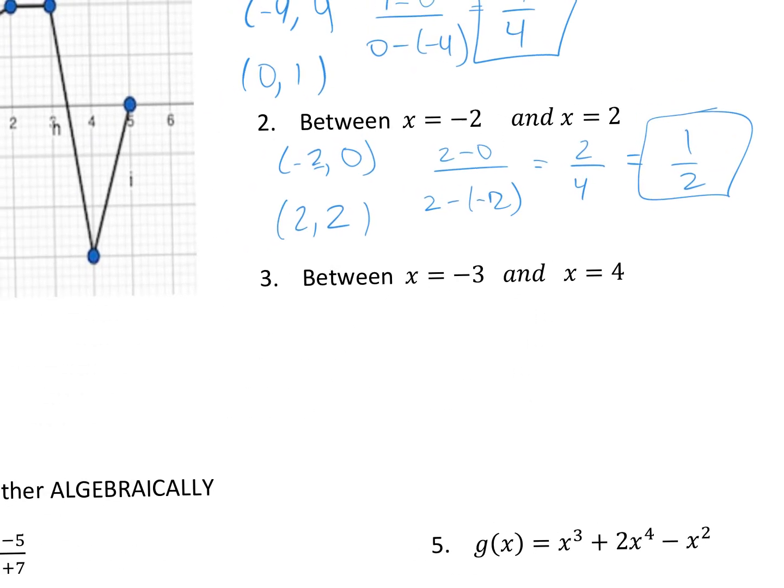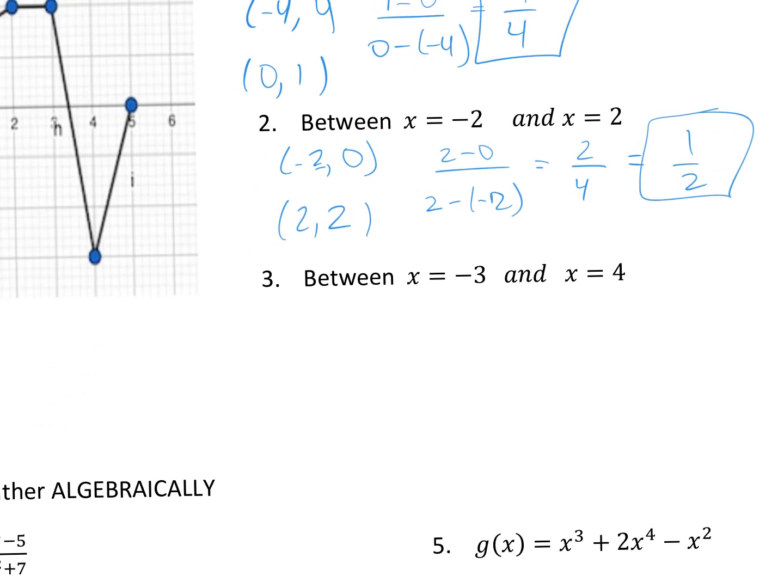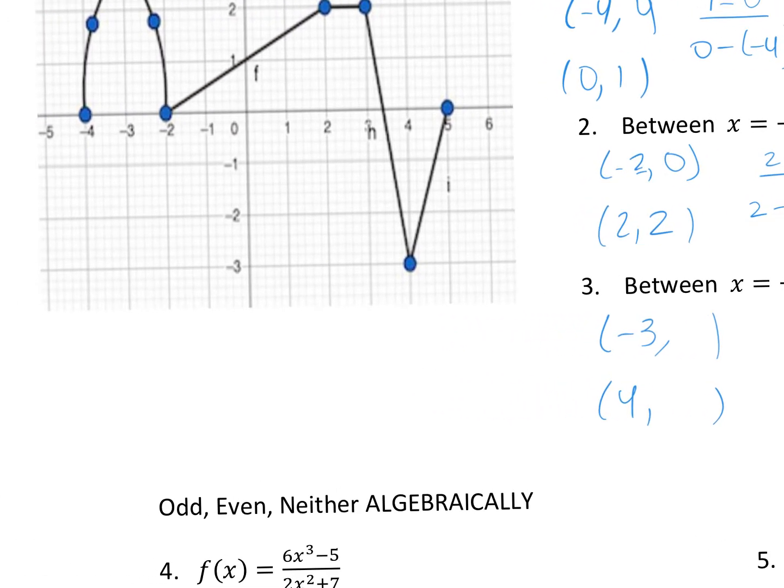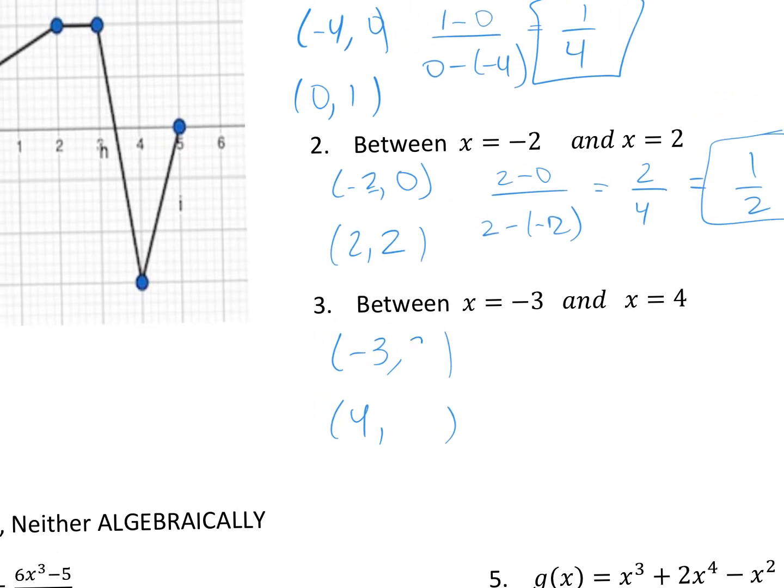So now between where X is -3 and X is +4. Guys, remember, this is due tomorrow morning, so it'd be in your best interest to be doing this with me, not just watching. All right. Where X is -3, what is the Y value? +3, okay. And where X is 4, what is the Y value? -3, okay.